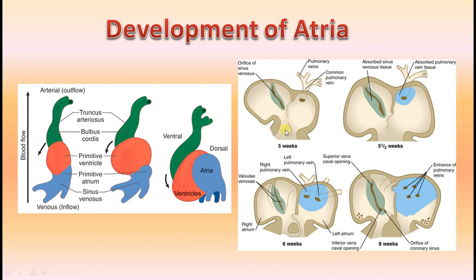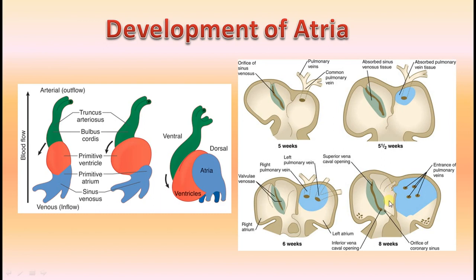Interatrial septum: you are able to see first the septum primum grows towards the AV cushion here, the atrioventricular cushion. Are you able to understand? So how the septum is extending, and what happens is, now the upper part of the septum primum disappears, and immediately to the right of it another septum grows downwards, that is the septum secundum.